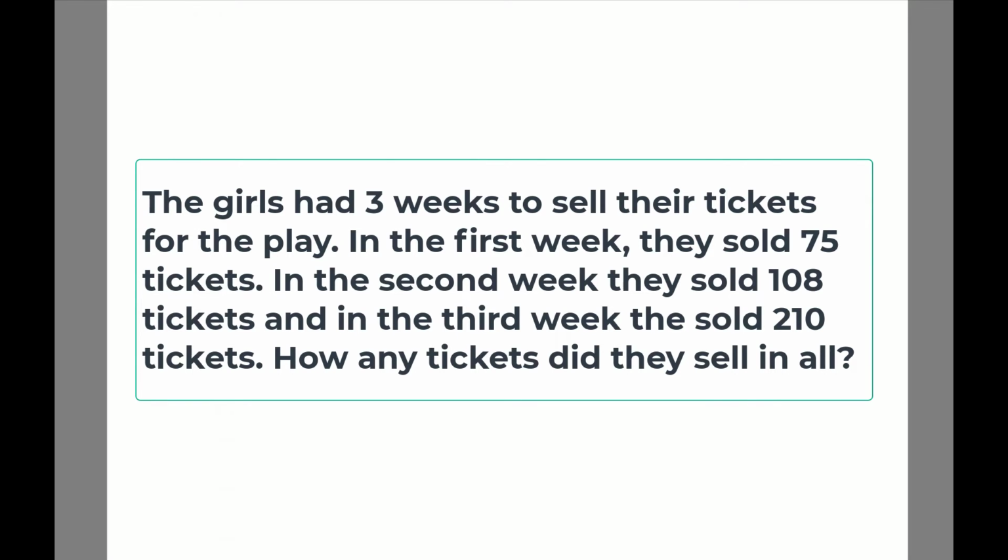How many tickets did they sell in all? Did you hear that? How many tickets did they sell in all? So you write down the numbers we are seeing from the question. They had 3 weeks to sell tickets. In the first week, they sold 75 tickets. So we can say tickets sold in the first week.